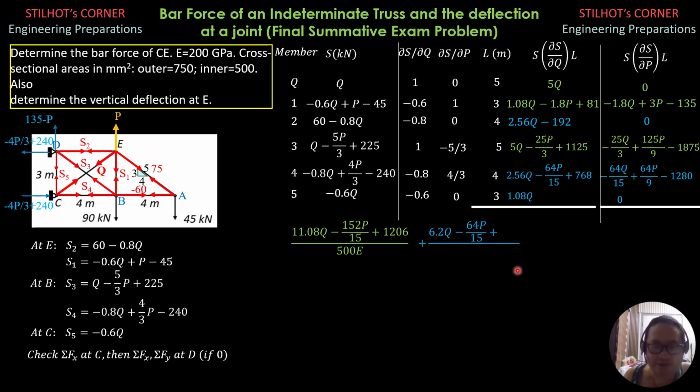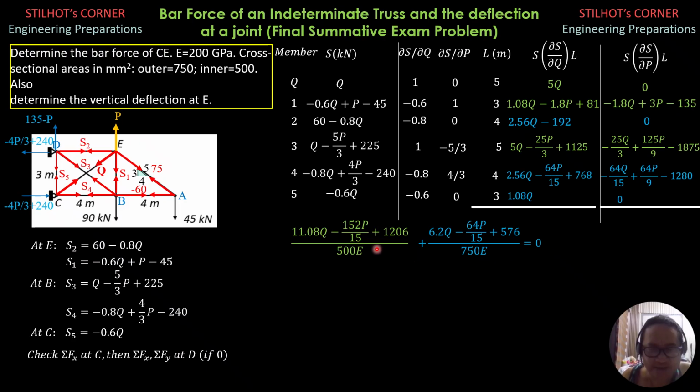And we equate it to 0 because the work done by the internal force Q is 0. So 2.56 plus 2.56 plus 1.08, that's 6.2Q, then negative 64P over 15. The constant, negative 192 plus 768, 576, area 750, E, equals 0.